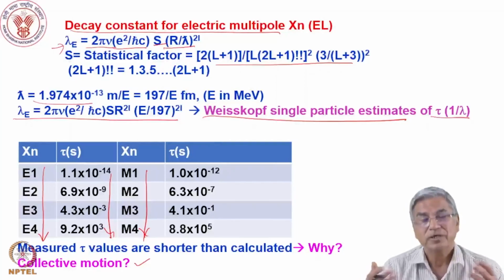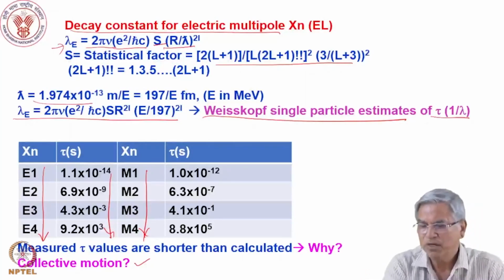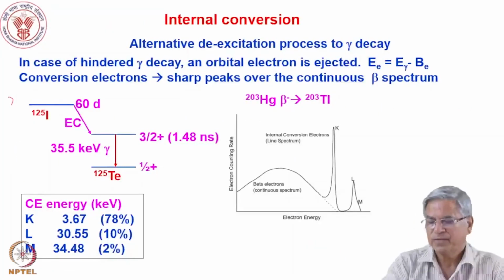One can then calculate the moment of inertia of the nucleus using the excited states. So there is evidence for the collective model of the nucleus also.